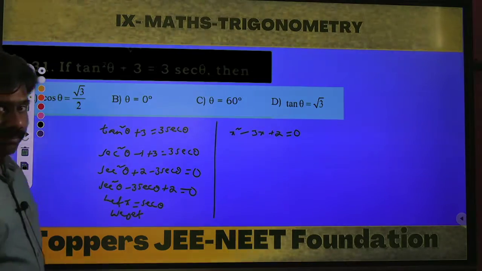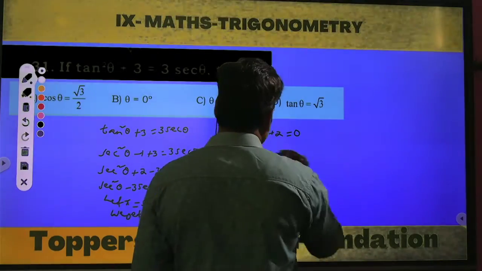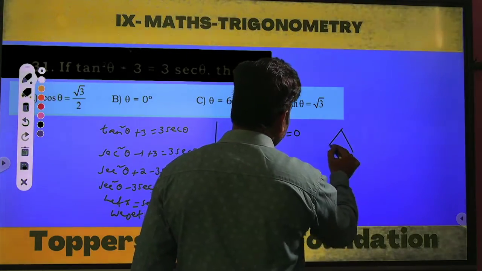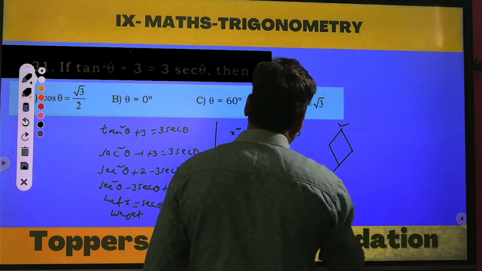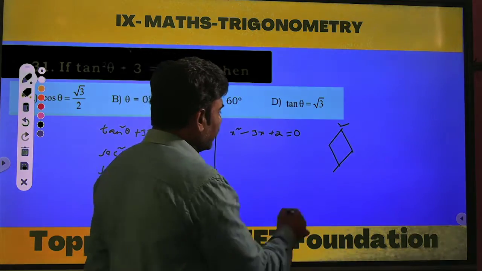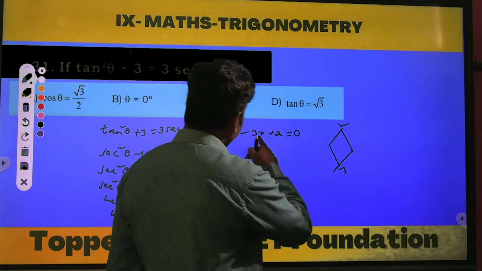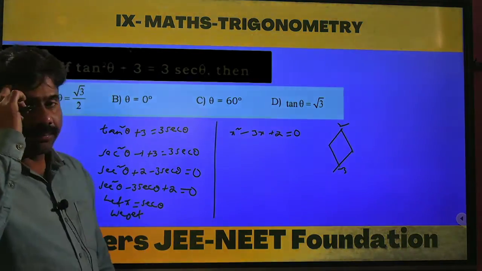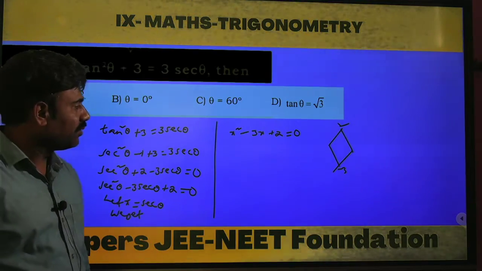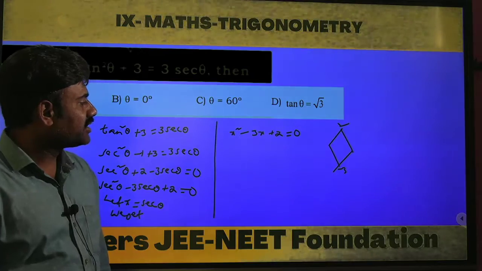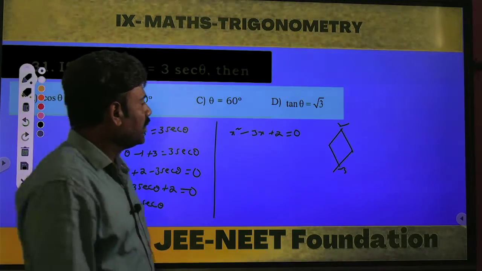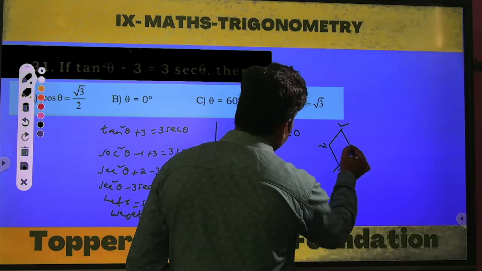By splitting the middle term, we can find product of constant term and coefficient of x square term. 1 into 2, 2. Take the coefficient of x term, that is minus 3. Now we have to write the middle term coefficient minus 3 as sum of two other terms such that their sum is minus 3 and product is 2. Okay, let us take minus 2 minus 1.